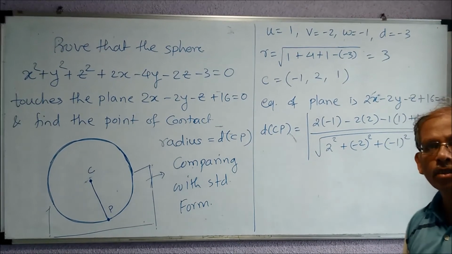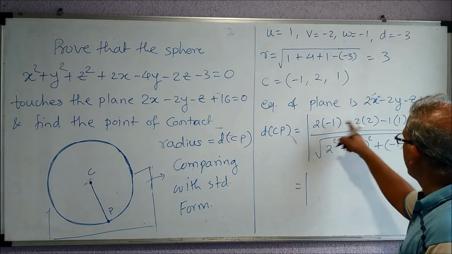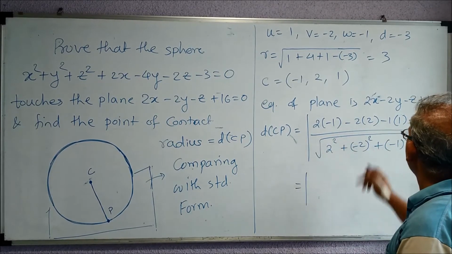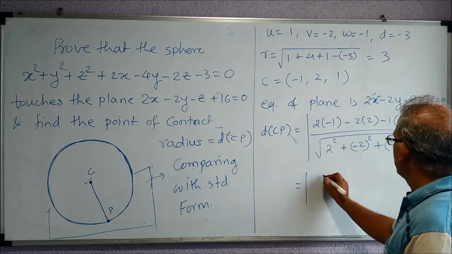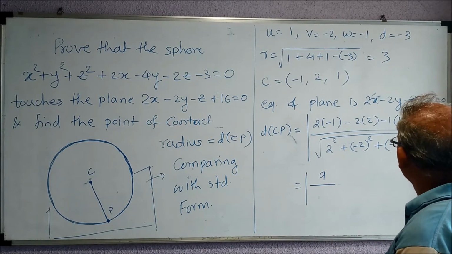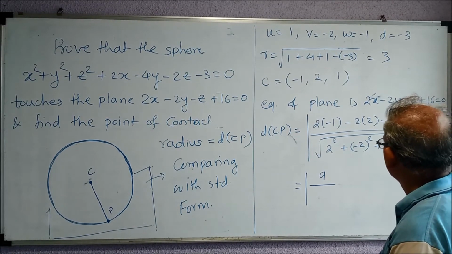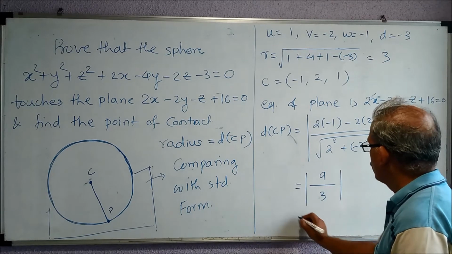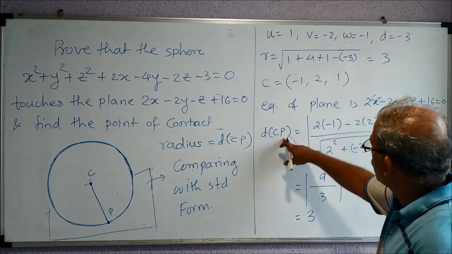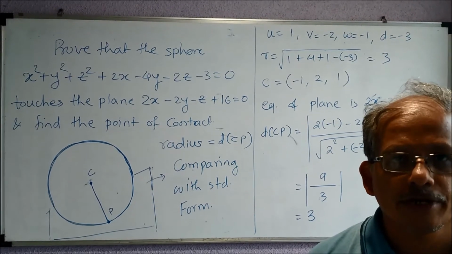This is the formula, right? And therefore if you calculate this, it is -2 minus 4 minus 1 plus 16, so it is 9, divided by 3. So this is 3. Right? So see that this distance Cp is same as the radius, and therefore the plane is touching the sphere. Right?